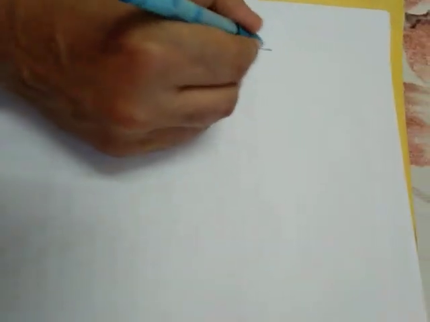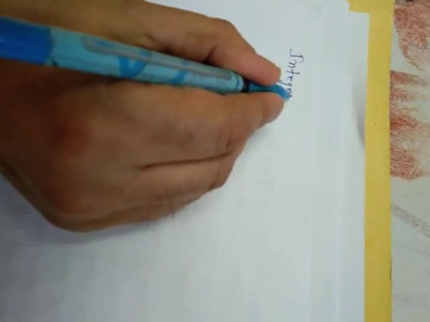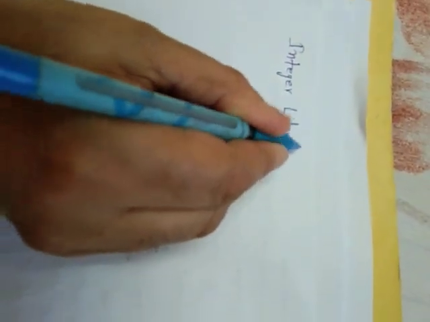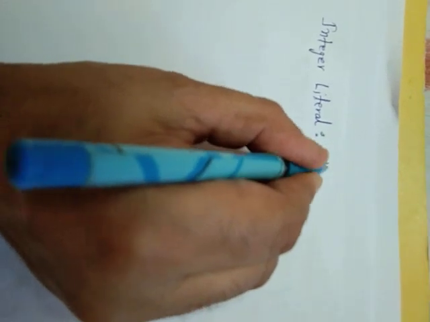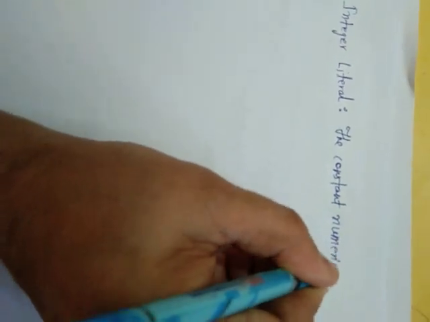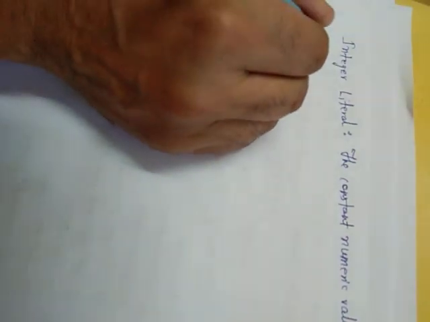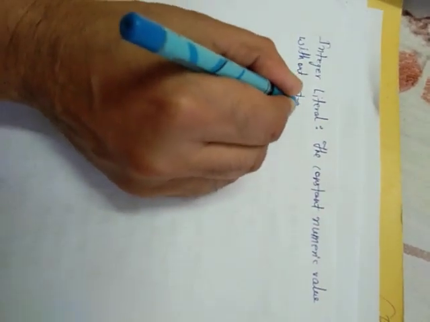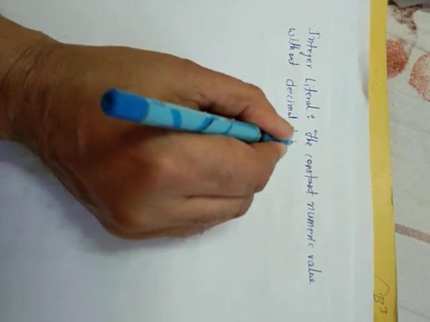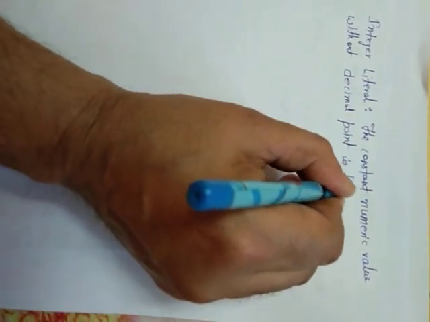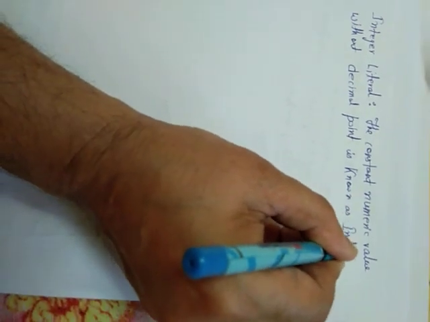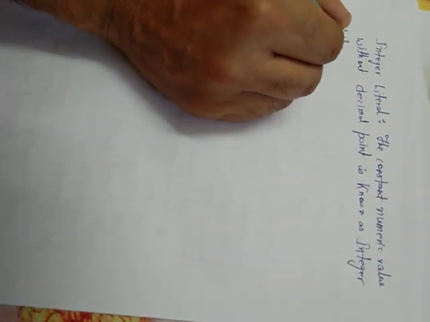Now first of all, integer literal. The constant numeric value without decimal point is known as integer literal.